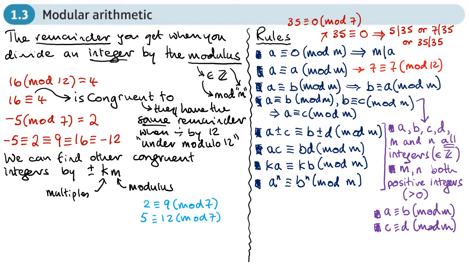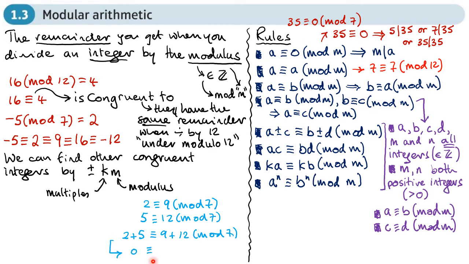Now this rule is telling me that if I do 2 plus 5, that's going to be congruent to 9 plus 12 under mod 7. Let's just check to see if it is. 2 plus 5 is 7, which is 0 under mod 7.